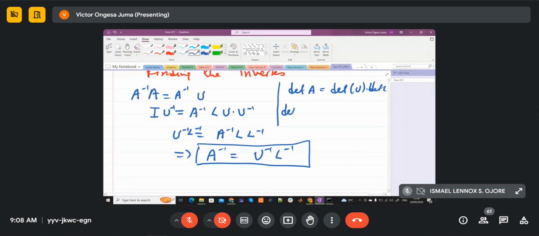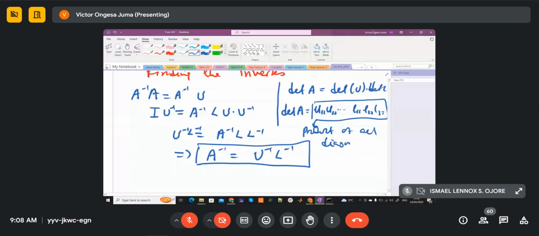So the determinant of A is U11, U22, multiplied by L11, L22, L33, etc. Just multiply all the diagonal elements. So that's about LU factorization.